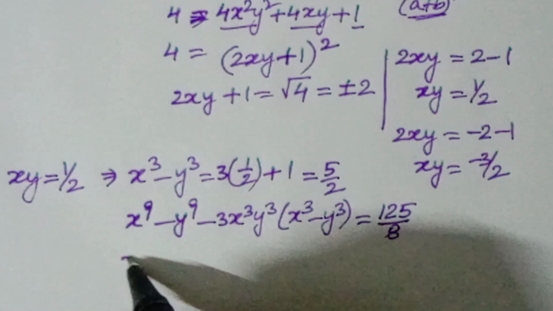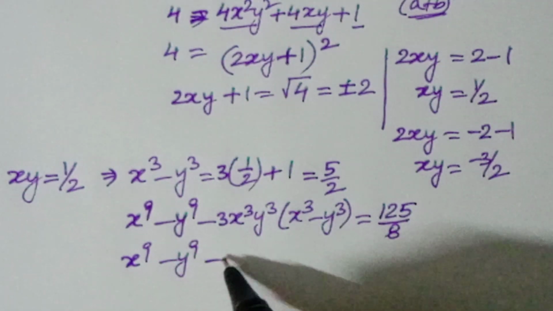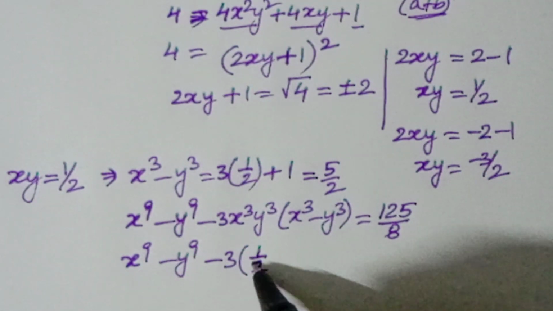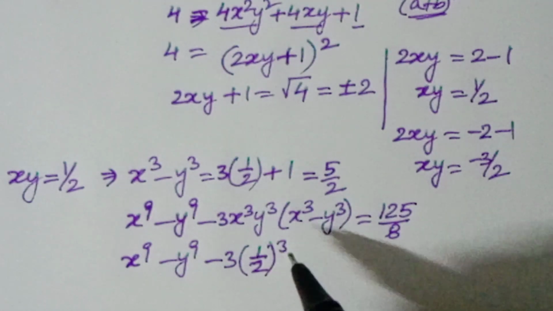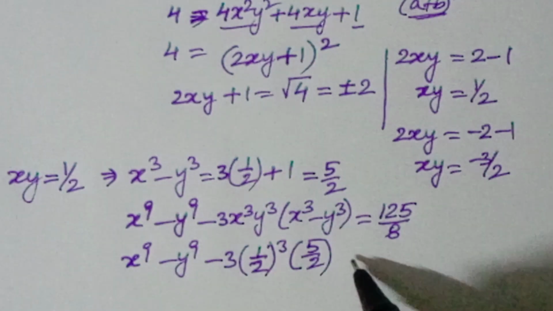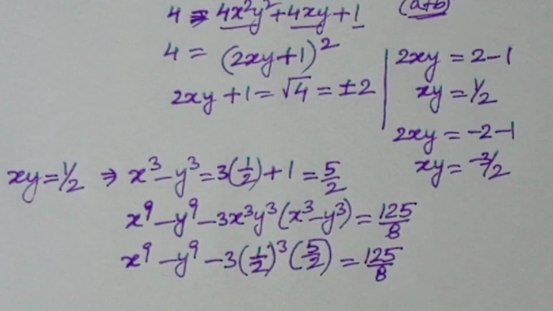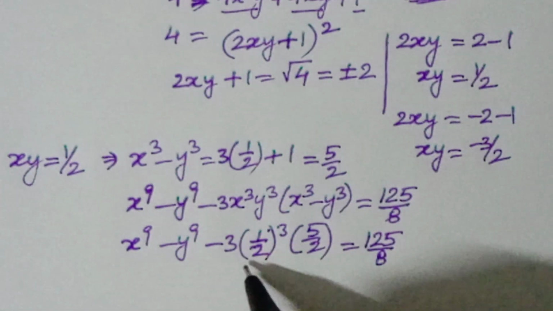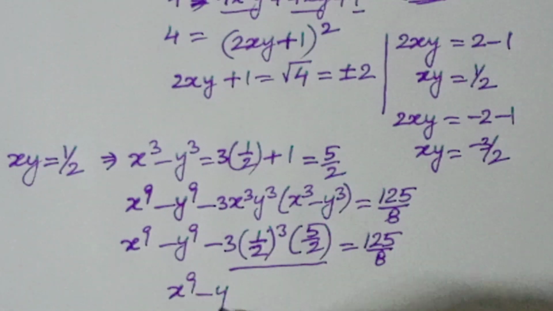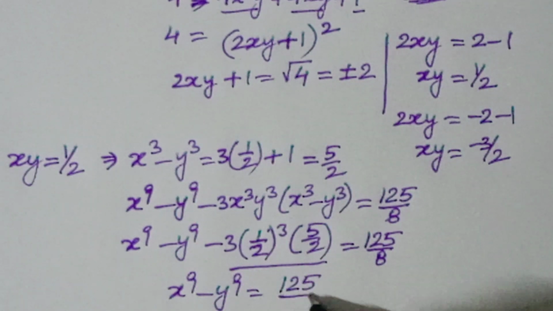So here x power 9 minus y power 9 minus 3 into xy value is 1 by 2, 1 by 2 whole cube into 5 by 2 is equal to 125 by 8. So here if you take this term to that side, x power 9 minus y power 9 is equal to 125 by 8.